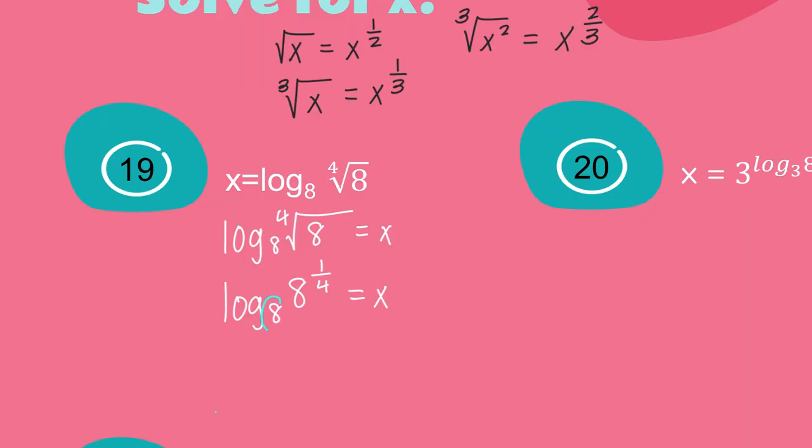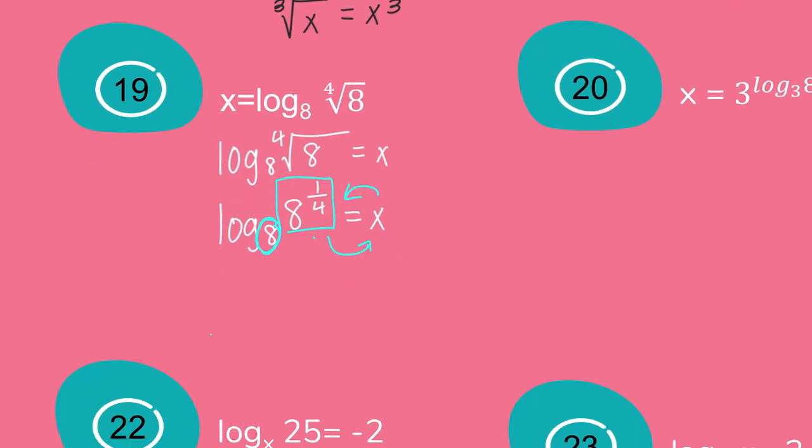So here is my base. I'm taking all of this and I'm still switching that order. So now what is it going to look like? 8 to the power of x equals 8 to the 1/4. Do I have the same bases here? Yes. So what am I going to do? Cancel them out. So what does x equal? 1/4. Nothing too hard. Super easy.